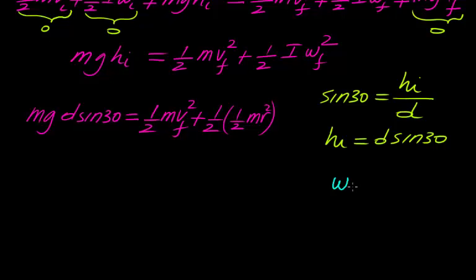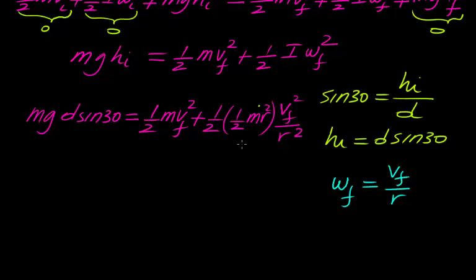And we know that the omega is related to the linear speed by means of the following relationship: v final over the radius of the disk. Therefore, omega final squared is going to be v final squared over r squared.